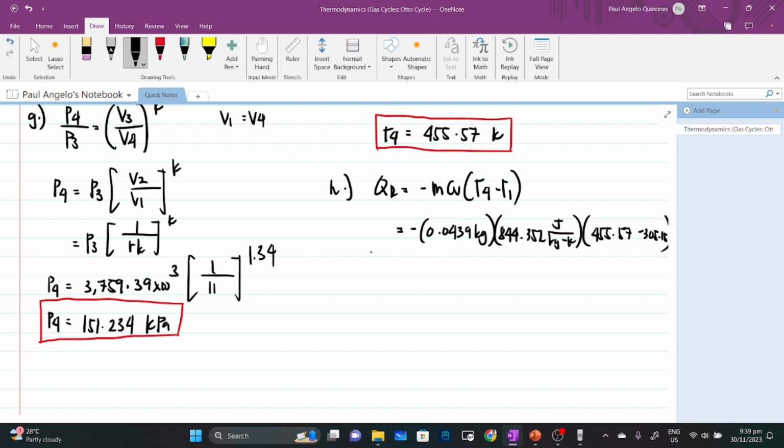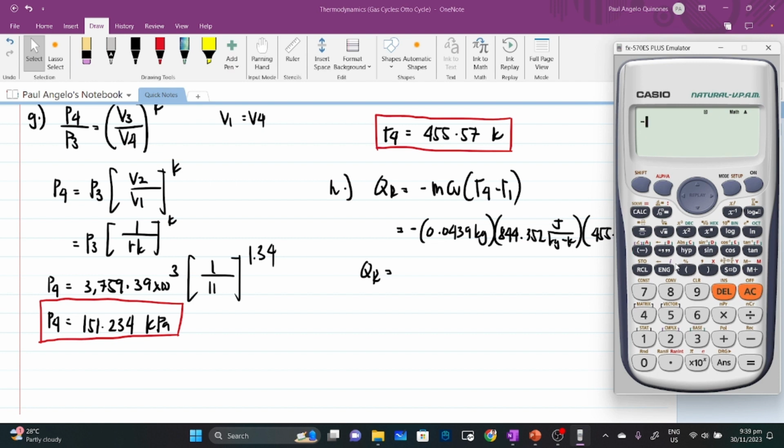As you can see here, QR is equal to negative quantity of 0.0439 times 844.352 times 455.57 minus 305.15.